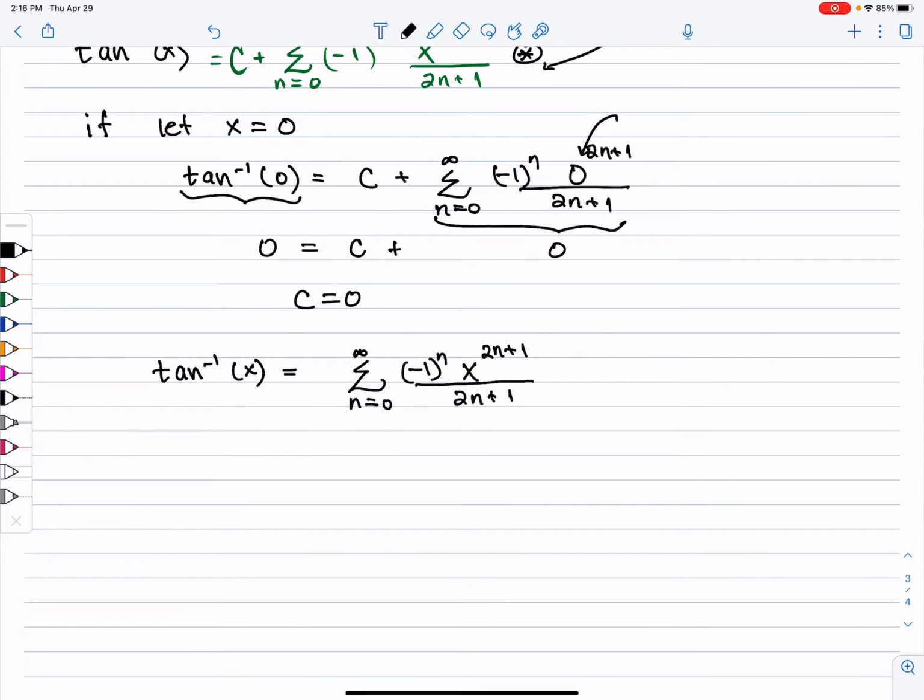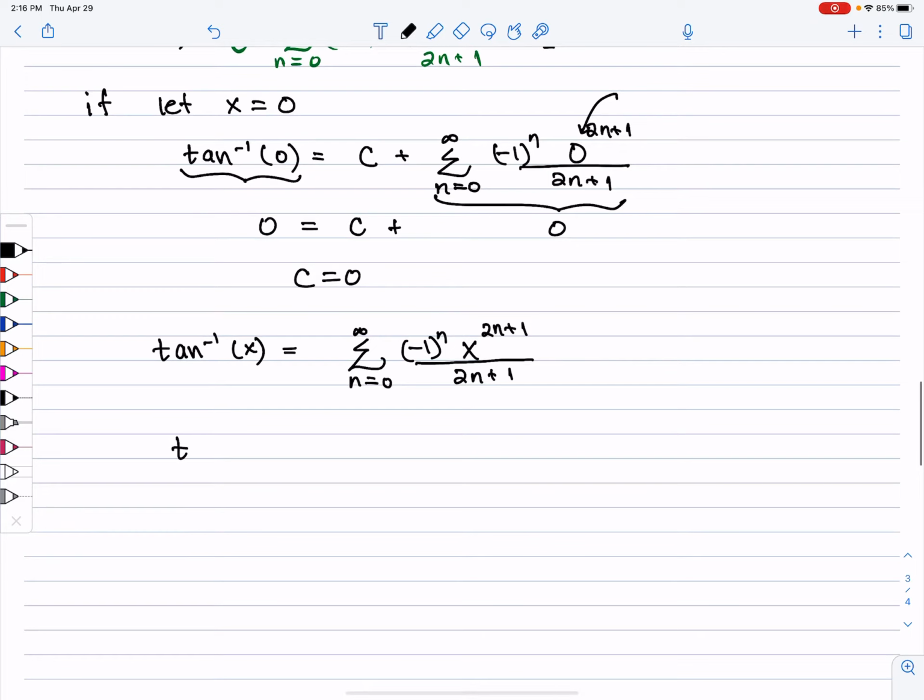So this here is a tangent inverse as a power series. Let me write that one more time. We have tangent inverse of x is equal to sigma as n goes from 0 to infinity, -1 to the n, x to the 2n plus 1 over 2n plus 1.